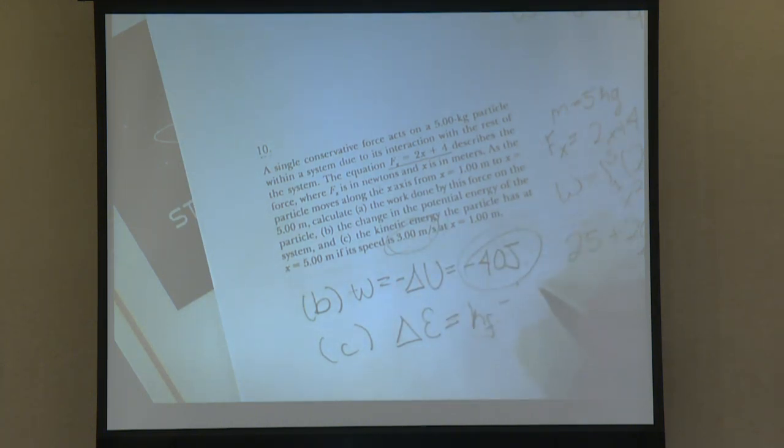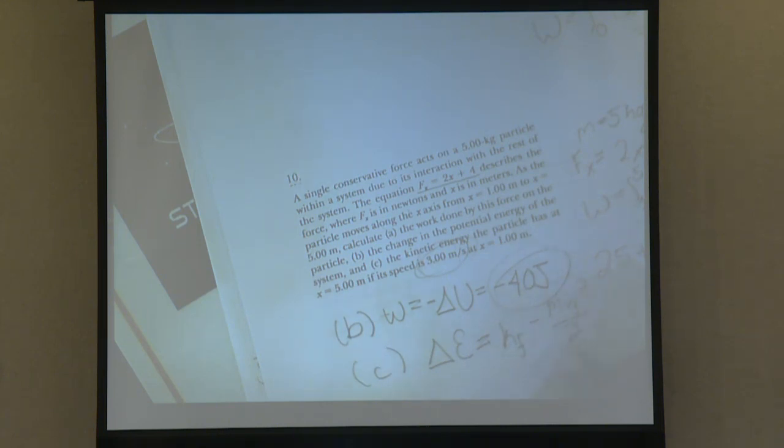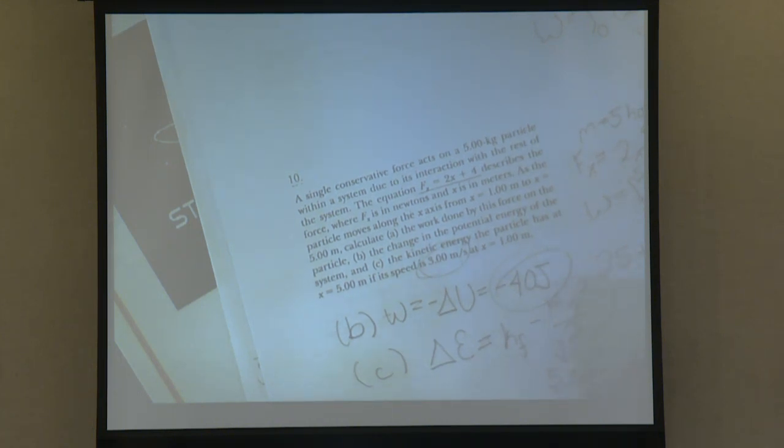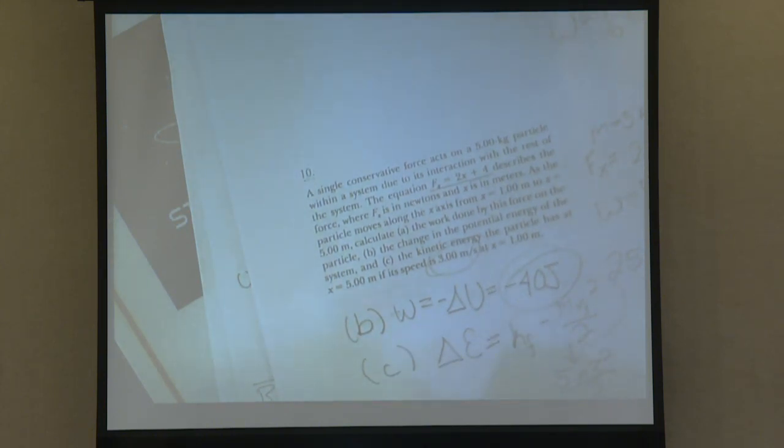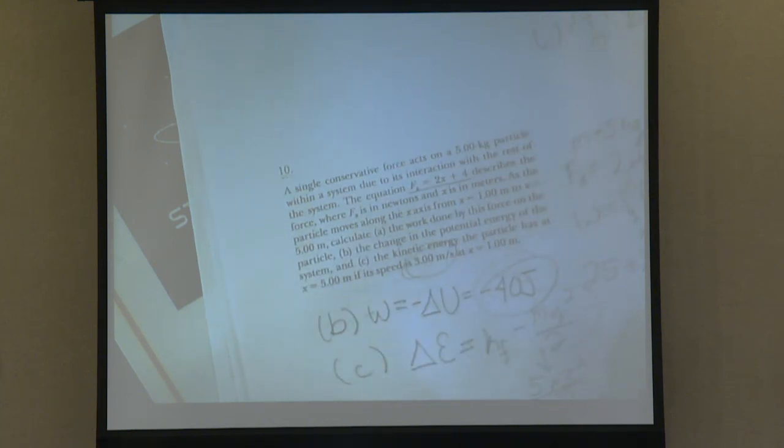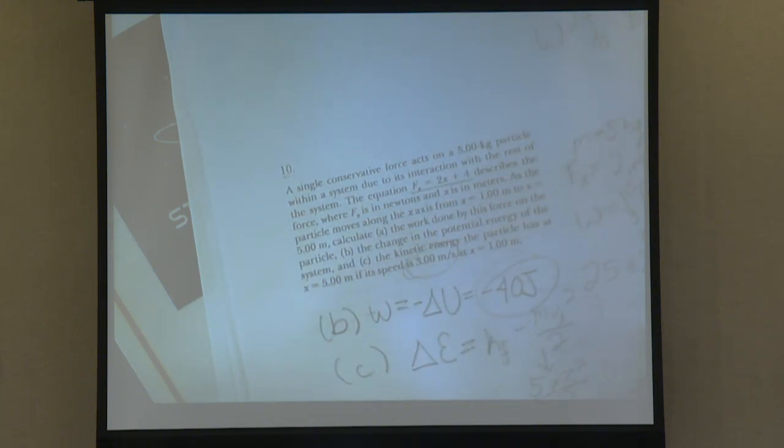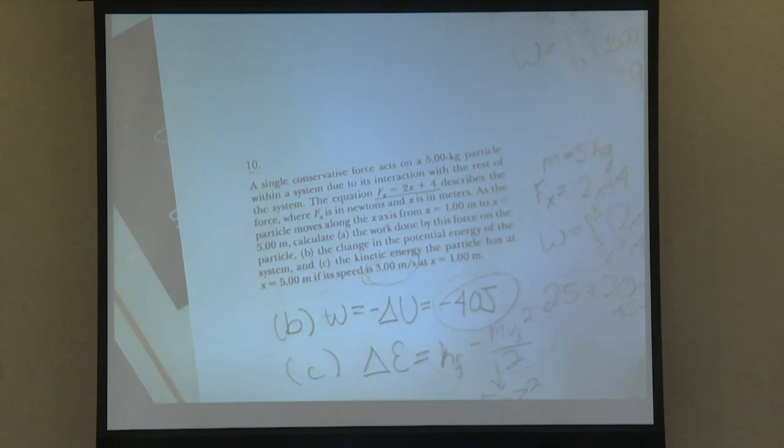Our original is going to be mv squared over 2. So we know that mv squared over 2 is equal to 5 kilograms times 3 squared over 2. Okay, and then our potential energy is converted to kinetic, right? So we know that our 40 joules is going to be equal to kinetic final minus 5 times 9 over 2.